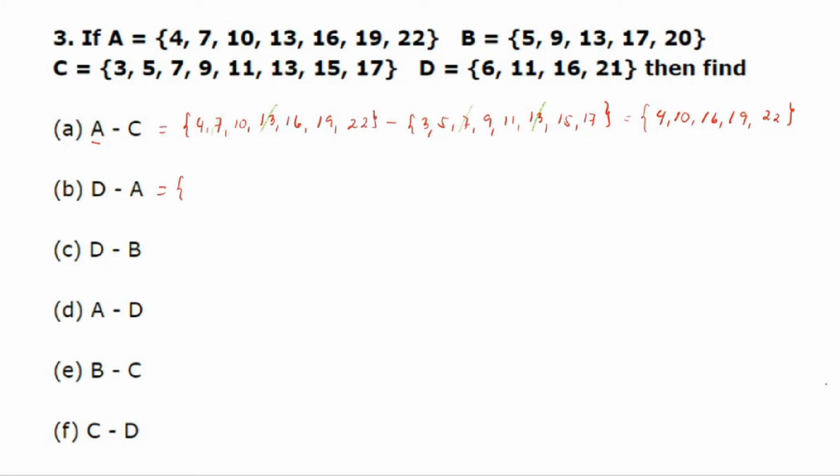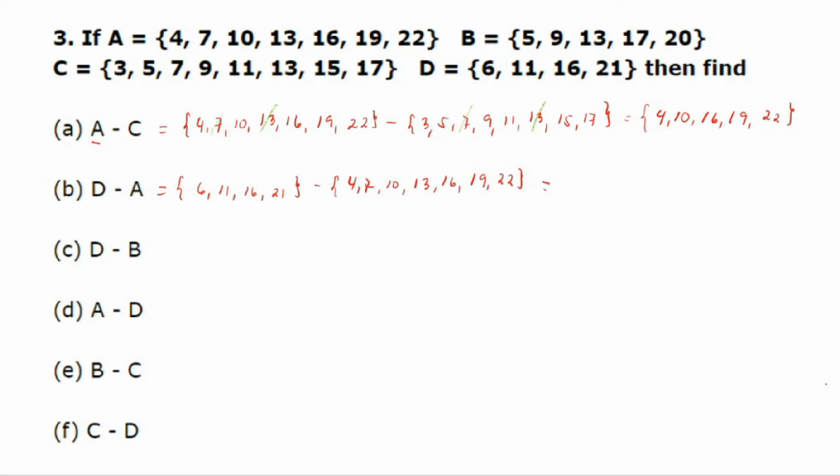So our D is 6, 11, 16, 21, minus set A we have 4, 7, 10, 13, 16, 19, 22.